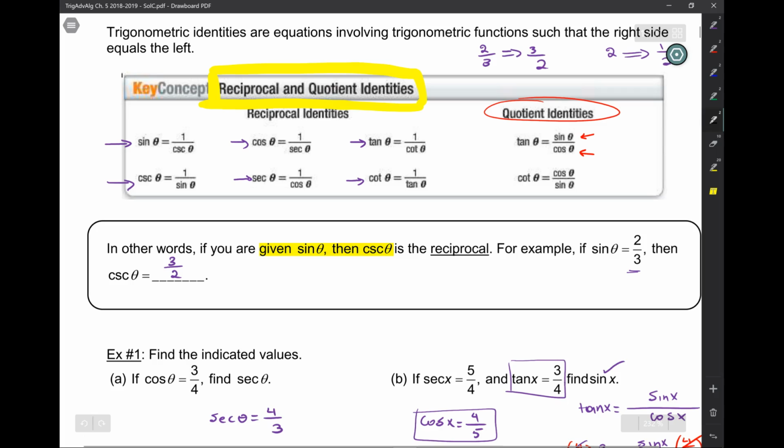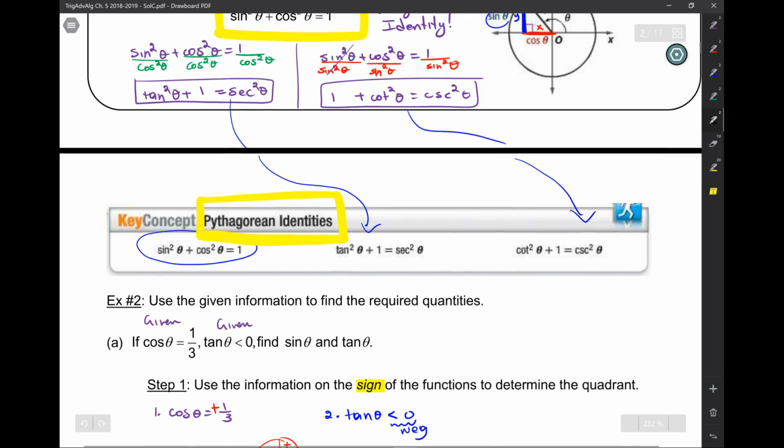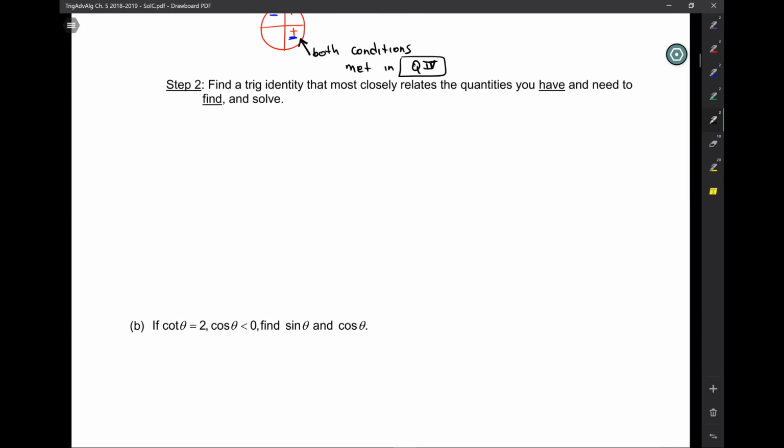Nothing here relates cosine to sine. Here there's tangent too, which I don't have either, so that's not going to work. You can't have two unknowns in an equation. Is there anything here that relates sine and cosine with no other unknowns? The first one. So I'm going to use the first one.